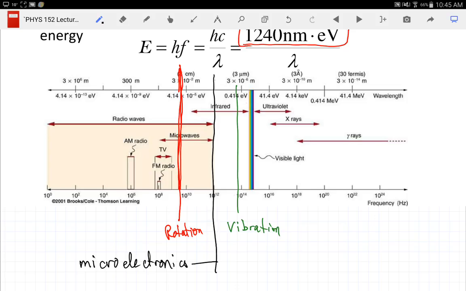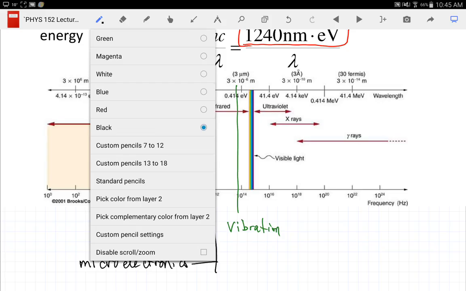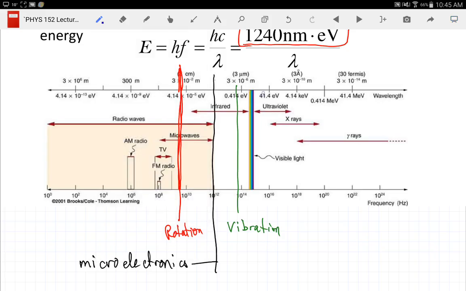The next line is where we're getting important. The 1 electron volt range, so 1 electron volt is somewhere around here. That's where we can start exciting or ionizing atoms. Why is that important?